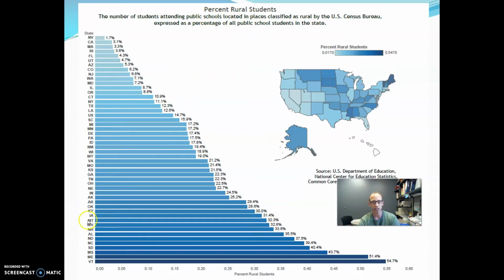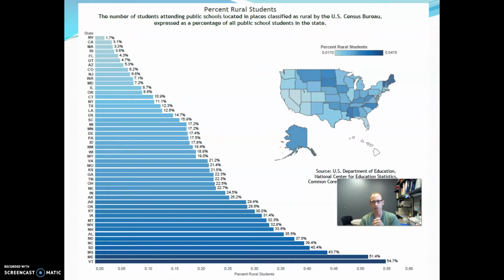And here you can see that some of the heaviest states are up in the Northeast here, Vermont, Maine, Massachusetts. These don't have a lot of students. If I were to rate by number of rural students, and I actually do that also, but the percent of rural students tells me how rural a state is.